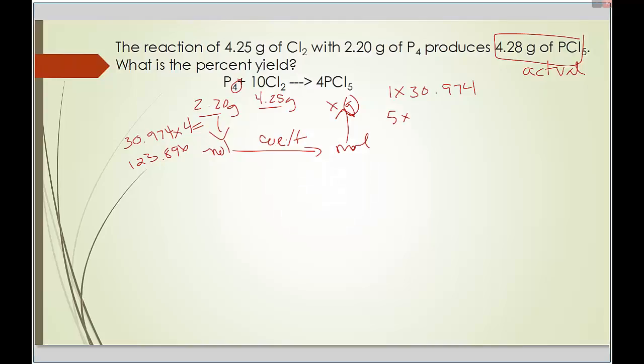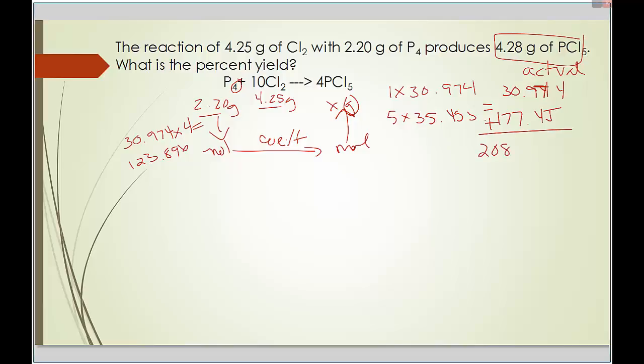Multiply that out. And 5 times 35.45 is 177.45. And then you're going to add them together. And that comes out to be 208.224 grams is equal to 1 mole.